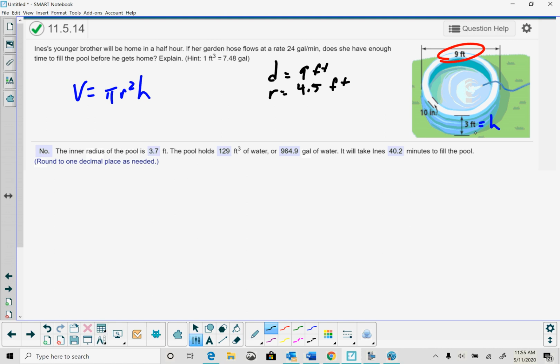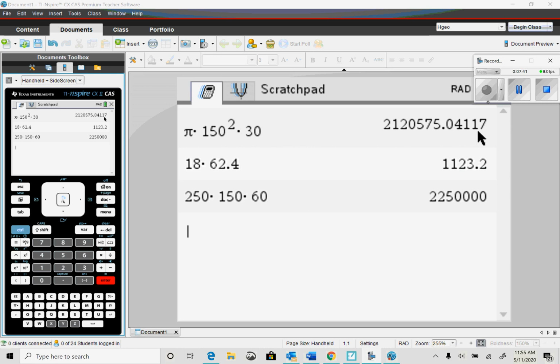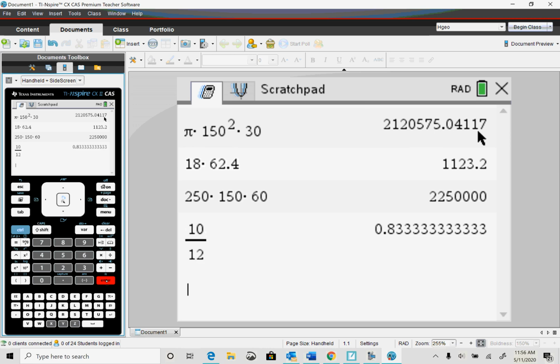But it's not going to fill up this outside part, it's going to fill up the inside part. We're looking for the radius of the inside portion of it here. So that's going to take off 10 inches from the 4.5 feet. So if they're wanting everything in terms of feet or cubic feet, we need to, first of all, take that 10 inches and convert that into feet.